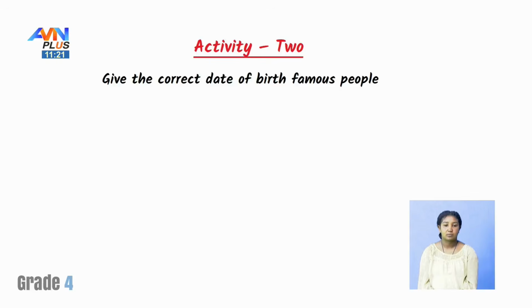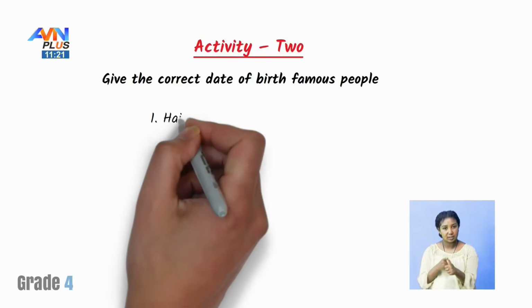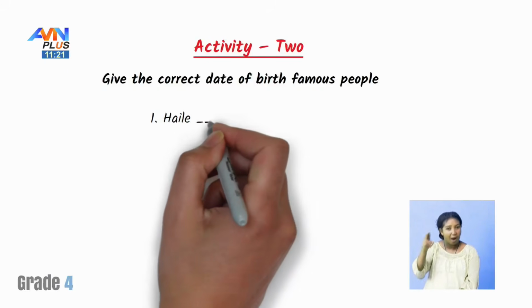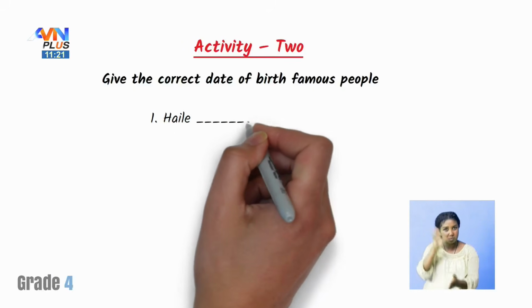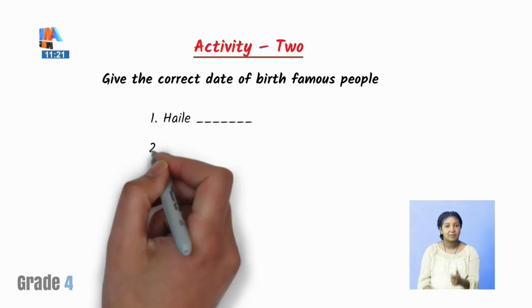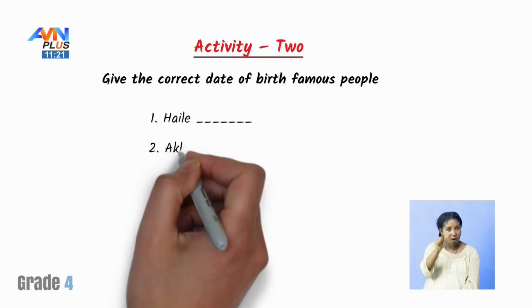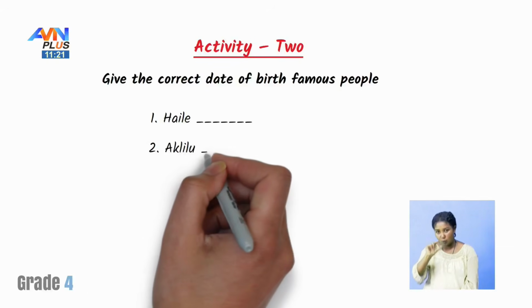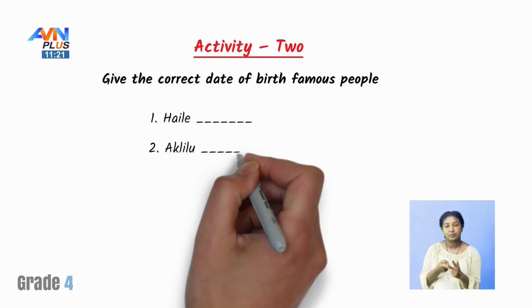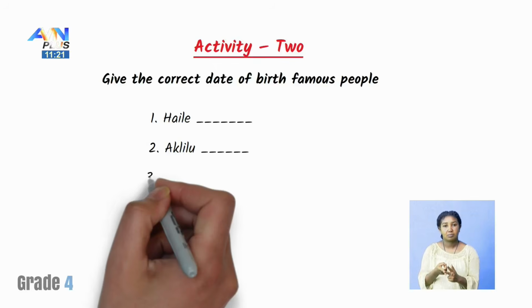Like the first one is Haile Gebrselassie. The second one is Aklilu. And the third one is we can add Tilahun.